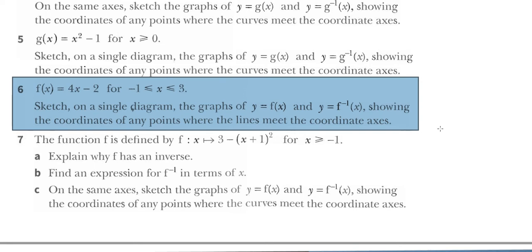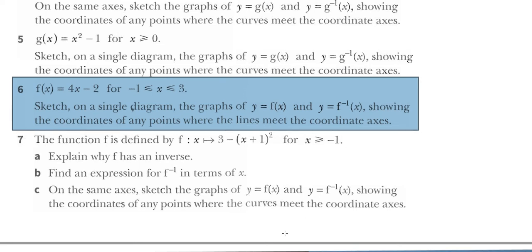Sketch on a single diagram the graphs of y is equals to f(x) and y is equals to f inverse x, showing the coordinates of any point where the line meet the coordinate axis. Axis means where the line cuts x-axis and y-axis. So whenever you see the word coordinate axis, it means they are talking about x-axis and y-axis. Let's start.